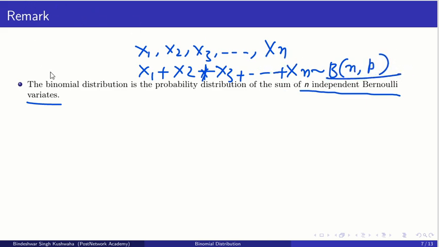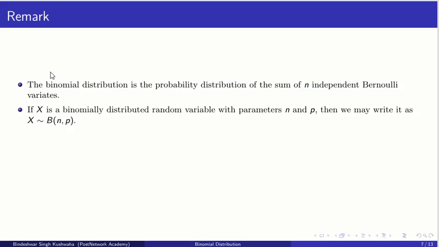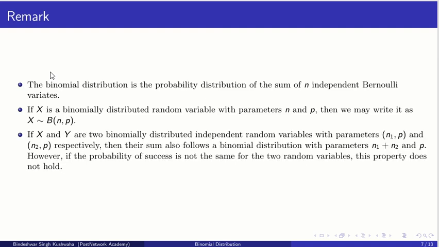We will discuss this again in future videos. So if X is a binomially distributed random variable with parameters n and p, then we may write it as X following binomial distribution having two parameters n and p.